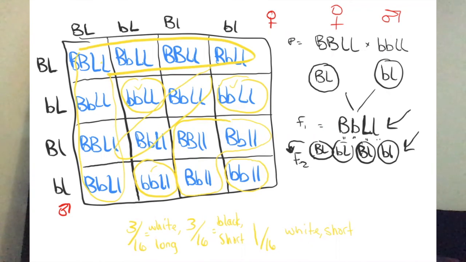So that's 1, 2, 3, 4, 5, 6, 7, 8, 9. 9 out of 16 displaying the black long trait. And so this ratio should be familiar to you, 9 to 3 to 3 to 1, which is a classic ratio when you're looking at the dihybrid cross.